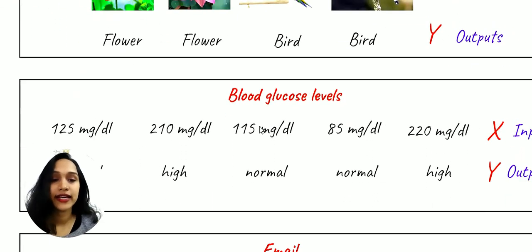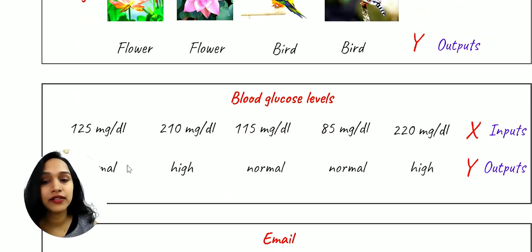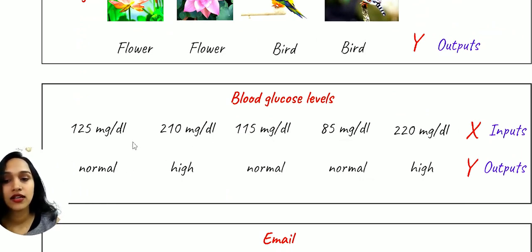Now coming to another dataset, where we have different blood glucose values. If you are in the medical field, you will know that a value of, say, 100 mg per deciliter or less is a normal value. I don't know the exact number.